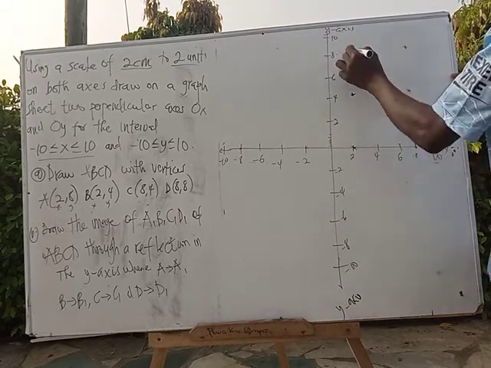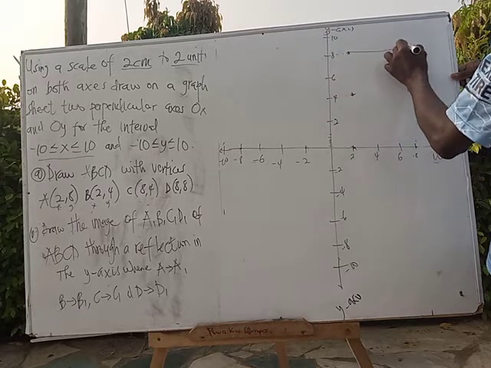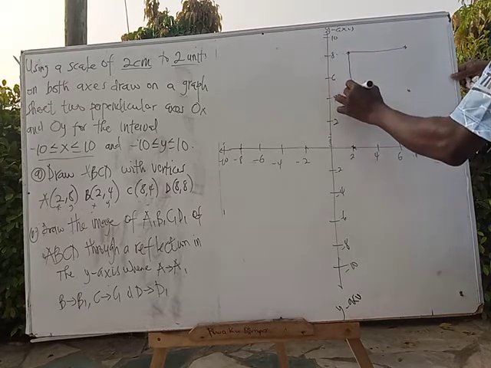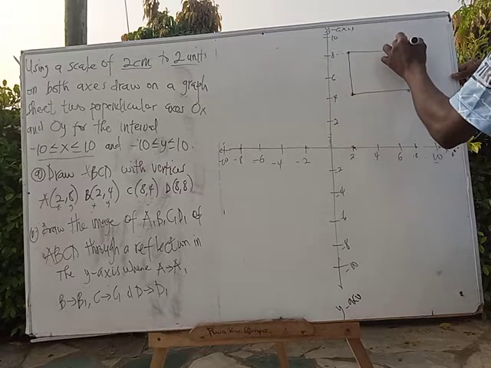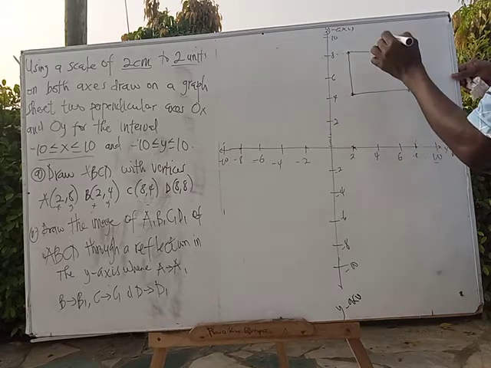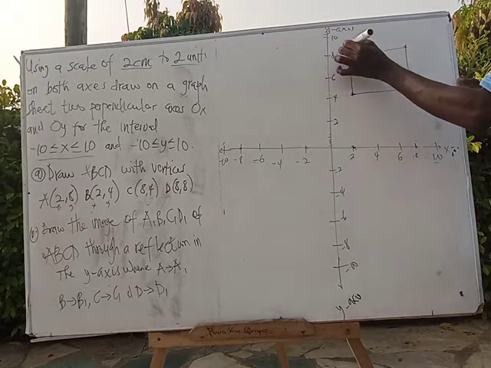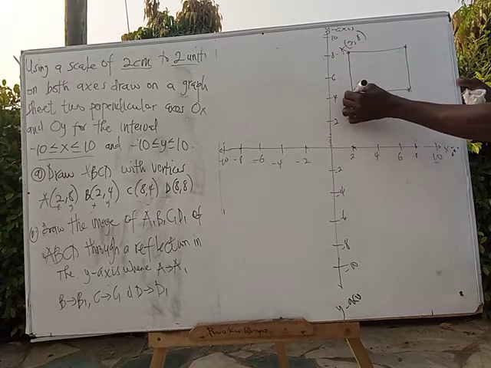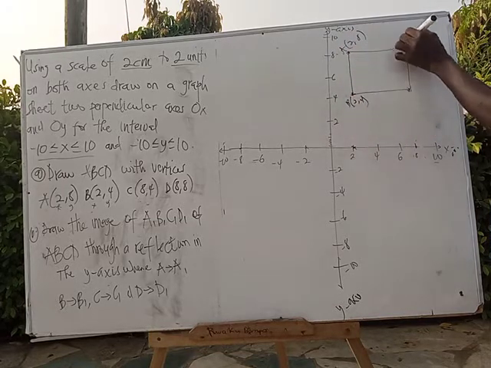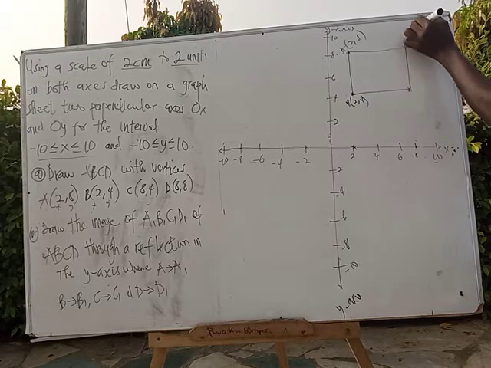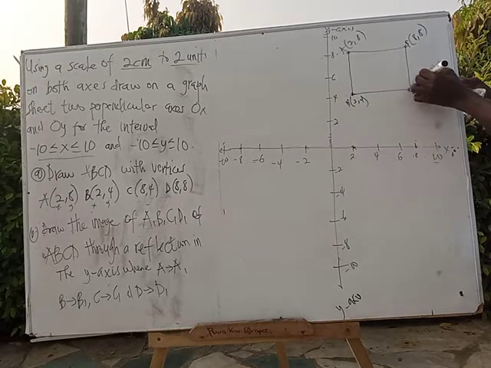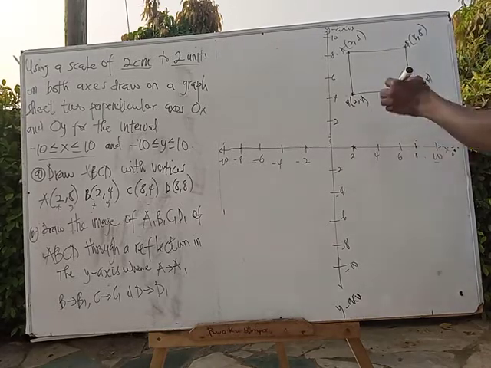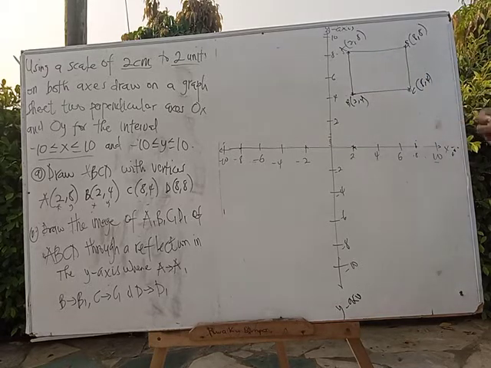Okay, now let's join them with straight lines. We will get a figure. It looks like a rectangle. Now you will name it: A is (2, 8), B is (2, 4), D is (8, 8), and C is (8, 4). So this is the original figure.